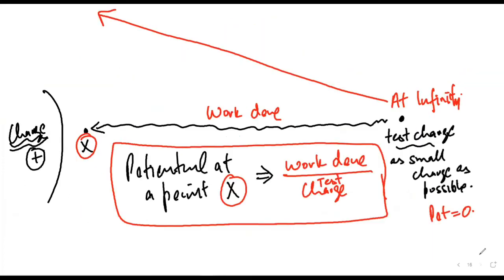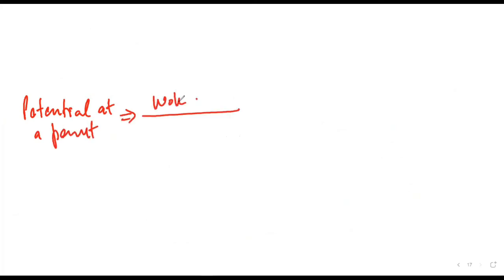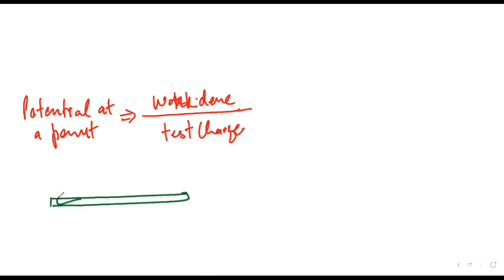Now let us try to understand. One definition that we need to understand is that potential at a point is equal to work done per unit test charge. The concept of potential is the same as we have discussed for gravitation.